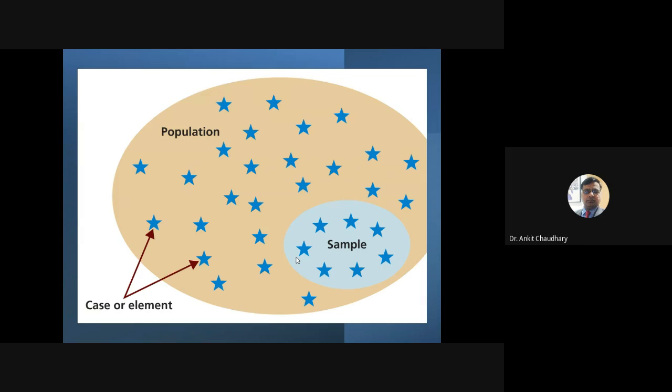So the population is generally known, and the sample is a part of that whole. Before data science, I hope you know what data science is. This is one of the emerging areas in the technical field. Let's say the whole population is 1 million.